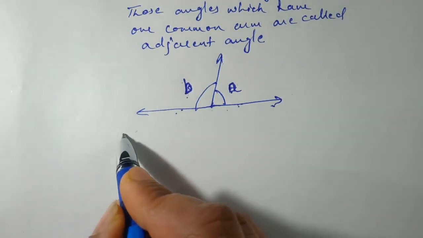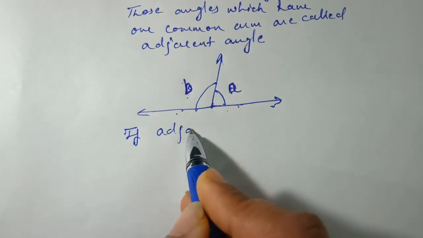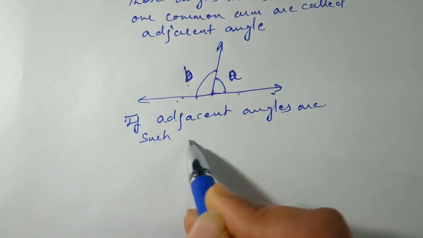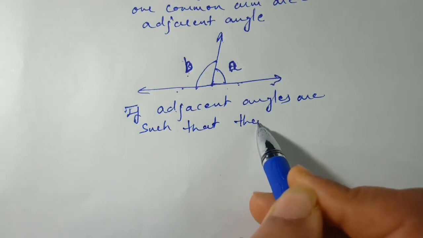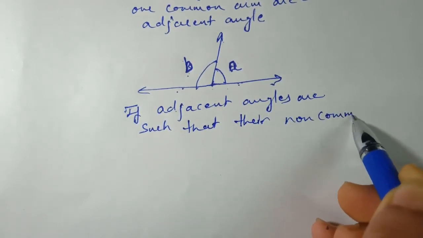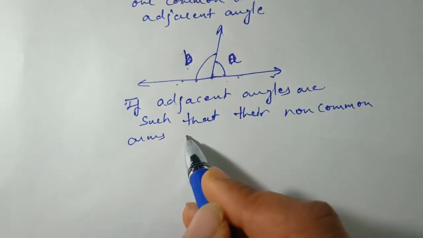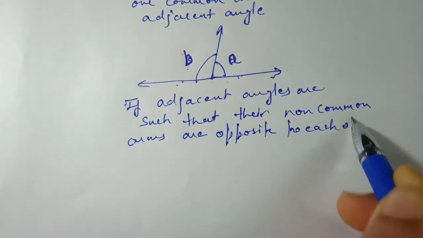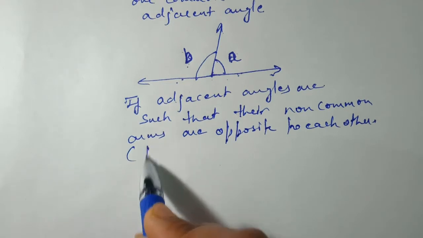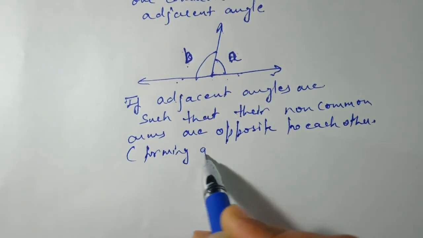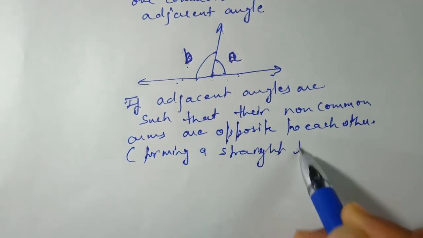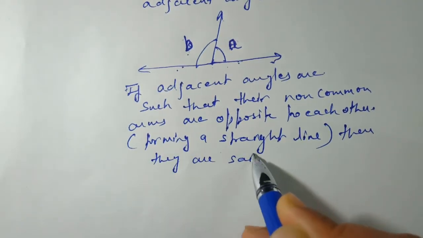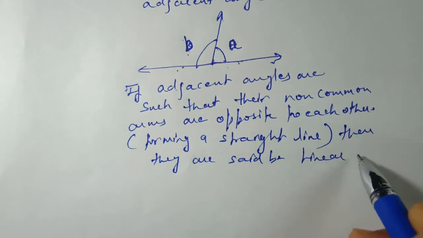So if adjacent angles are such that their non-common arms are opposite to each other, which means they are forming a straight line, then they are said to be a linear pair.